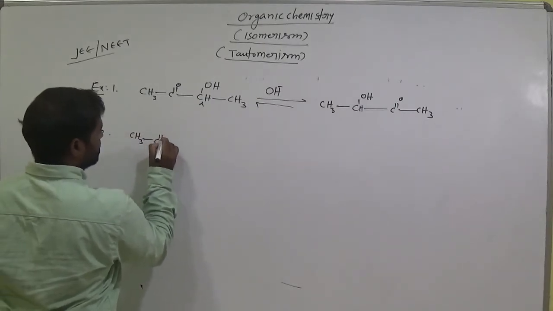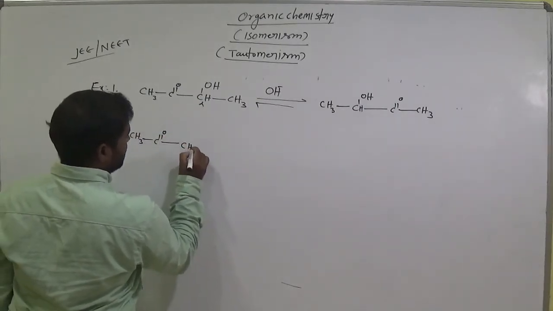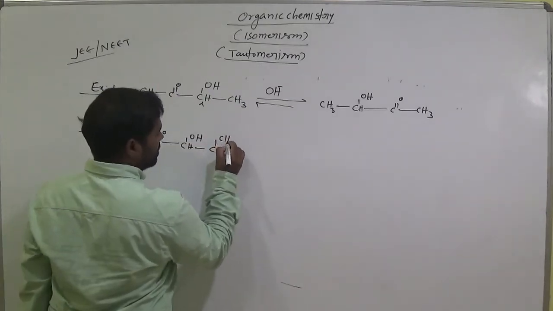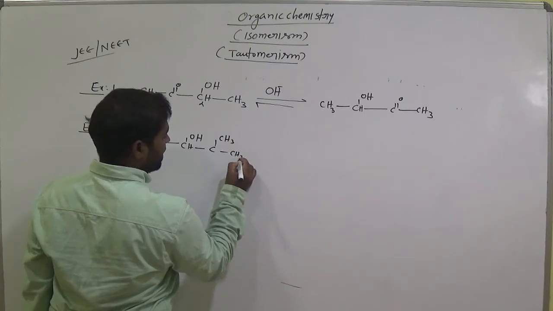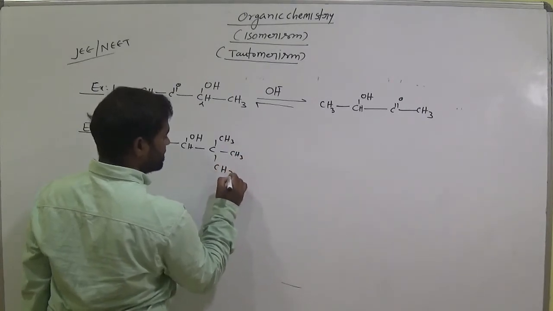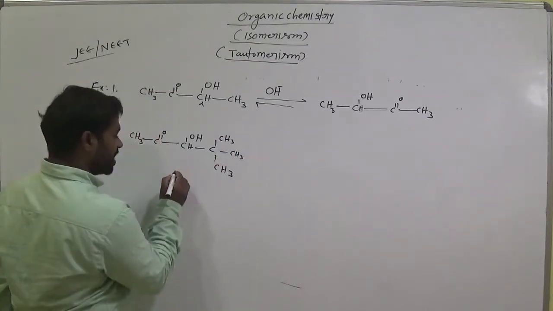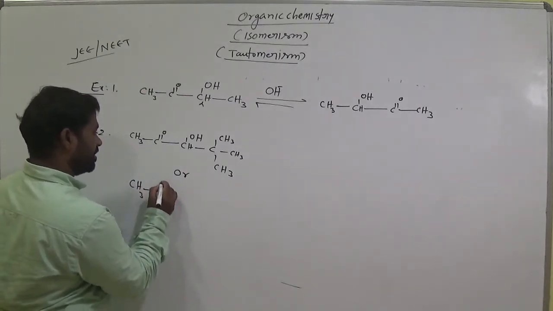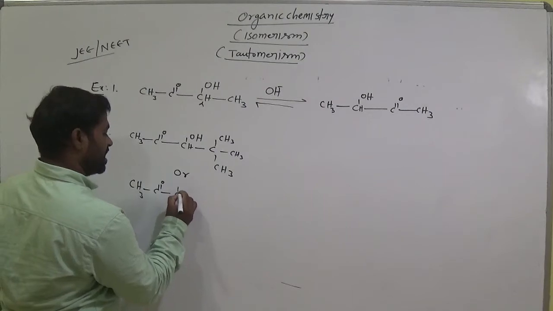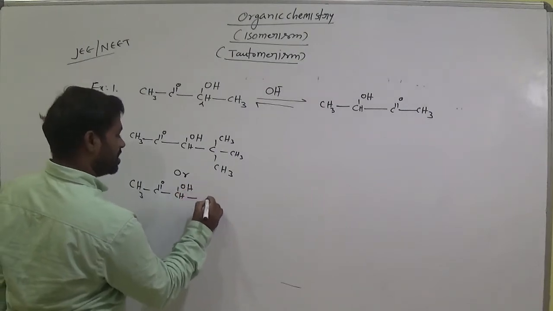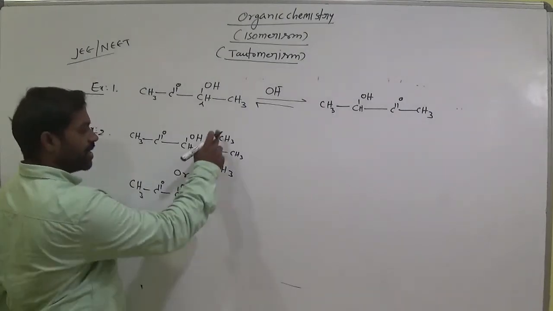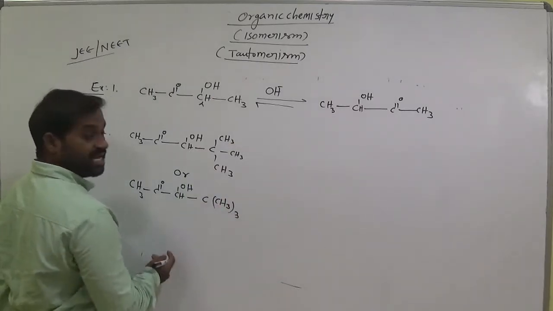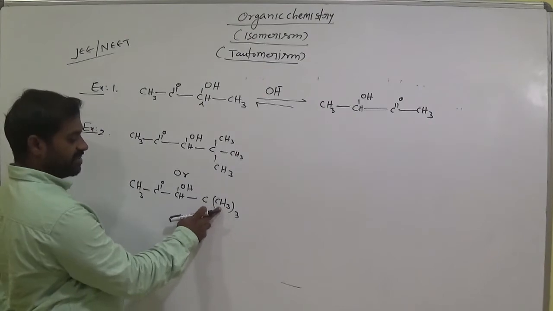CH3 bond C double bond O, CHOH bond C, CH3. We can write this structure, and also we can write it as CH3 bond C double bond O, CHOH bond, one carbon is there. At this carbon, how many methyl groups? 3 methyl groups, so CH3 taken thrice. That means this carbon contains 3 methyl groups.